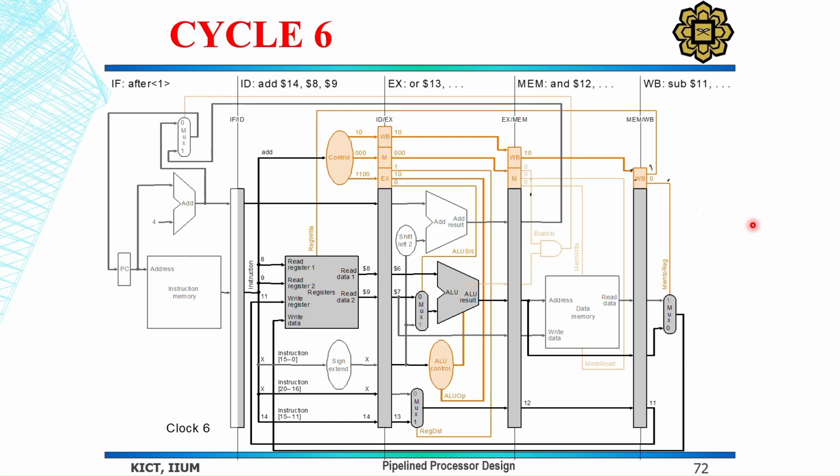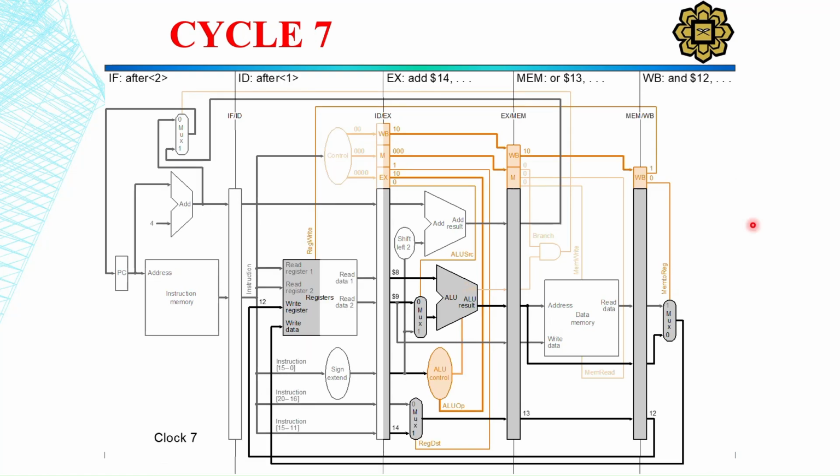If we move to the next slide, in cycle 7, the second instruction is also completed. Now you can see the third one is here, the fourth instruction is here, and the fifth one is here, and you can also see the respective control signals of each instruction at each relevant stage.